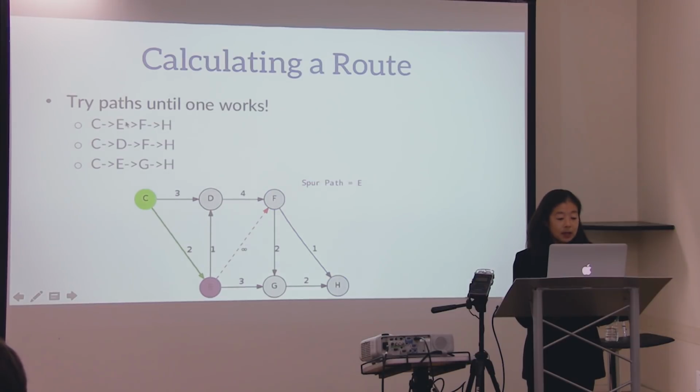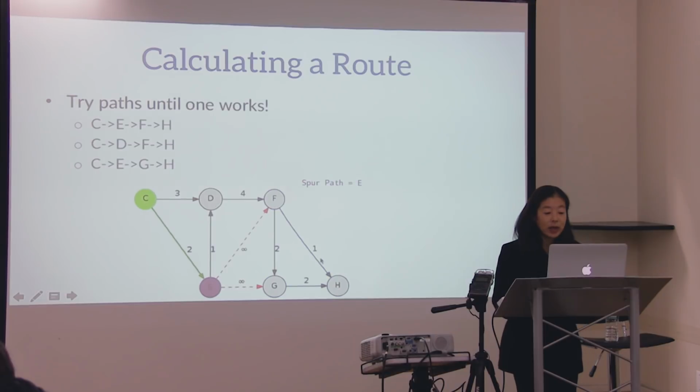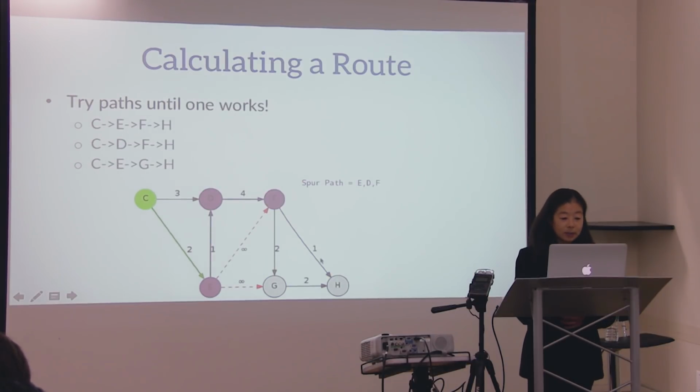So maybe C tries the first route and discovers that the channel from F to H doesn't have a sufficient balance to forward the payment. Then it knows to skip the next path and go straight to C, E, G, H. Ideally we have at least one path that works and the payment goes through.